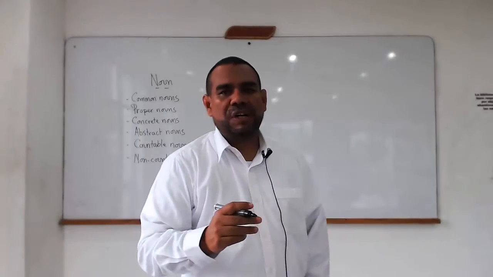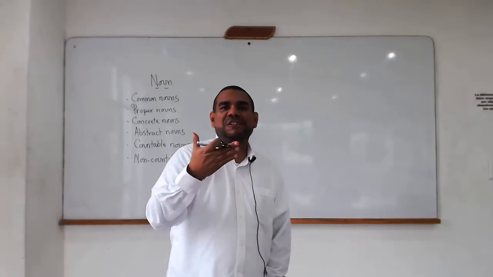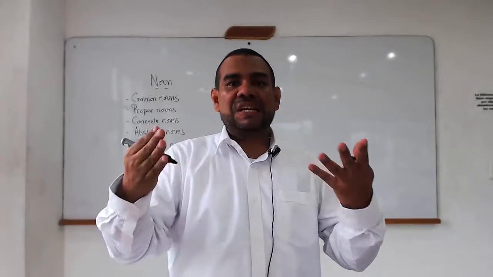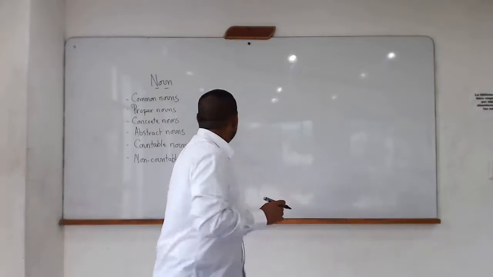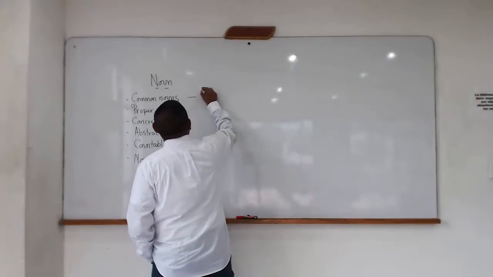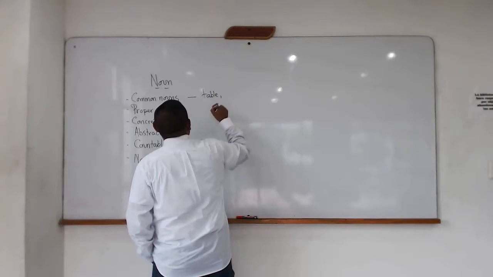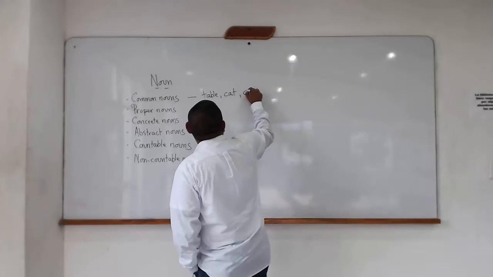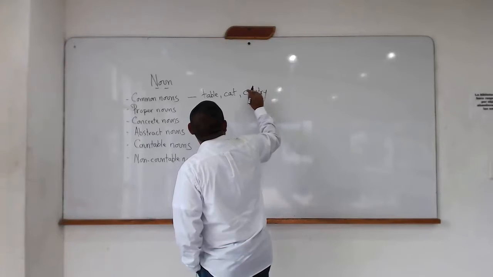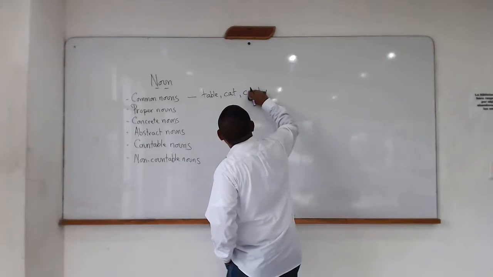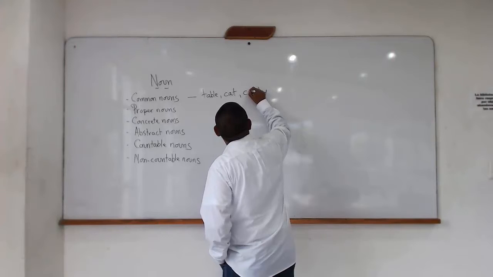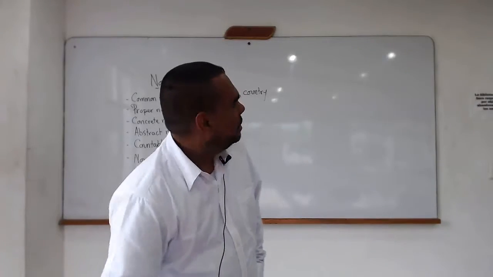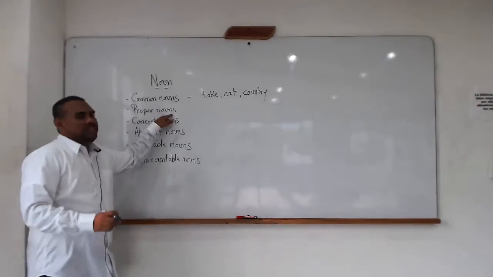Okay? Well, common nouns, the ones that in a very general form refer to the ideas we have already mentioned. For example, table, cat, and country. Okay? Proper nouns.